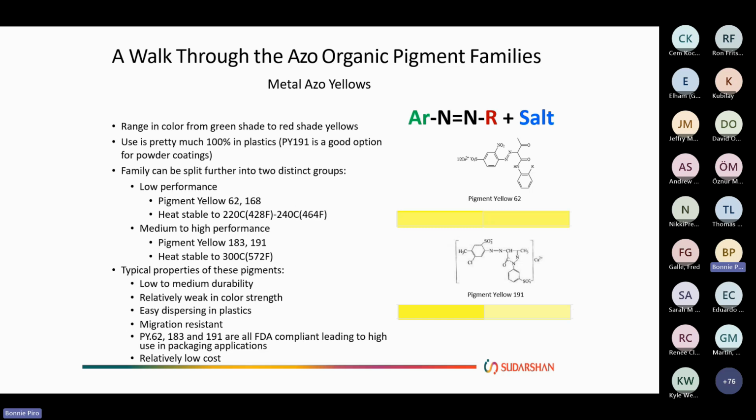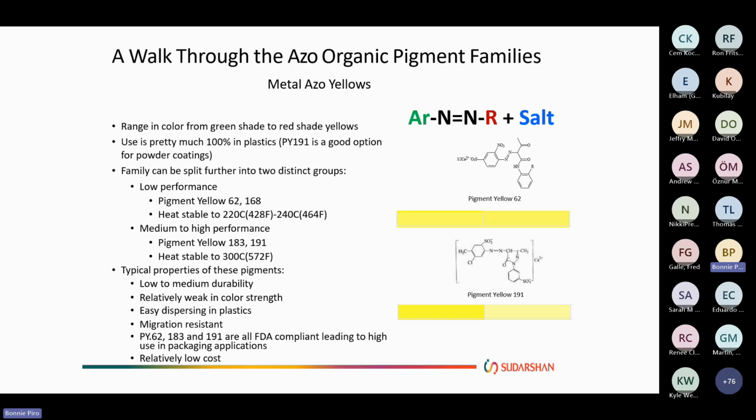They're very much well used in these areas. This is generated by creating a salt complex with the azo, and these are two of the major options in here. Pigment Yellow 191 is also a good option for powder coatings as well.